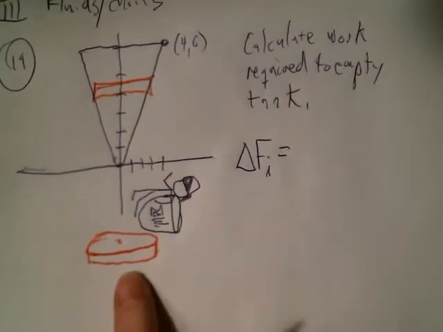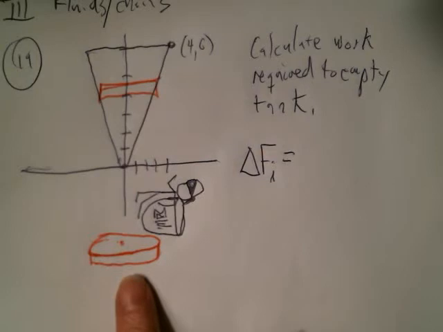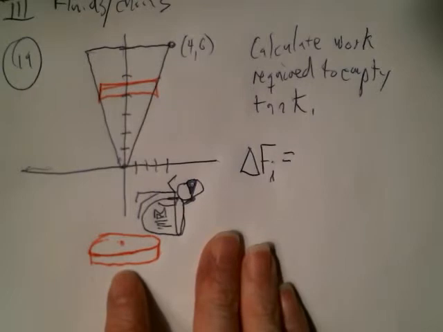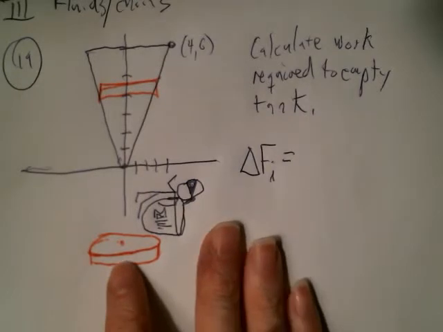The force to move out a particular disk is going to be just the weight of that particular disk. And for the weight of this particular disk, they're going to give us a density constant, so weight per unit volume. It's pounds per cubic foot in this case.